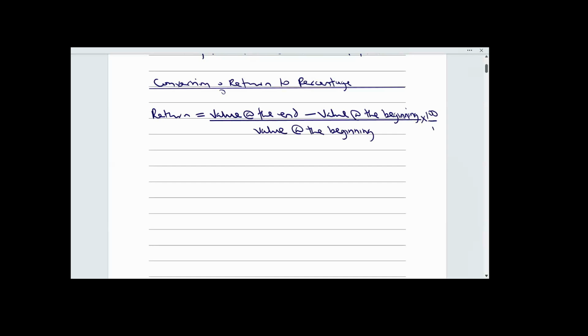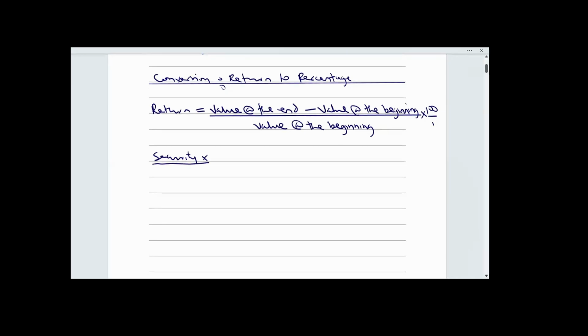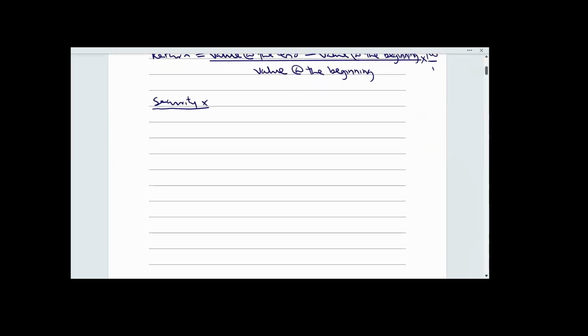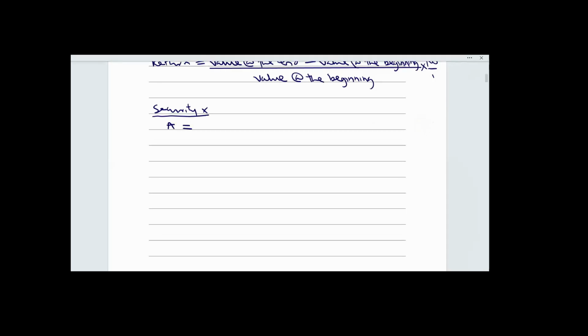So in this case, for each state of nature, we are going to calculate for each security, starting from security X. For security X, state of nature A will be computed as follows. I will go back to the question.